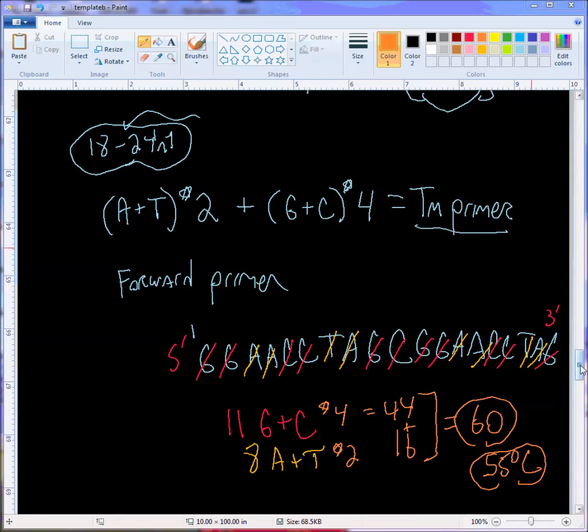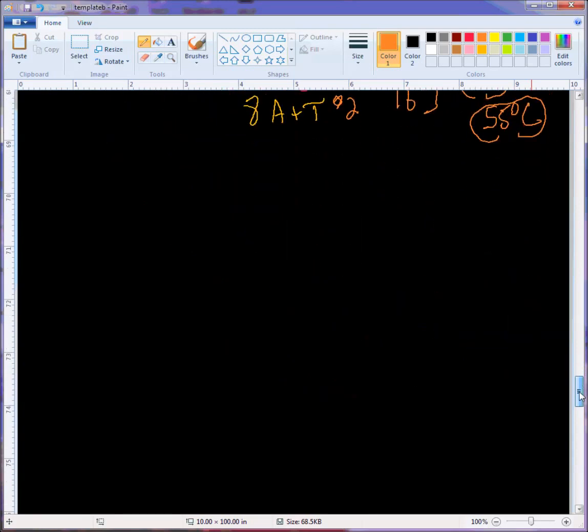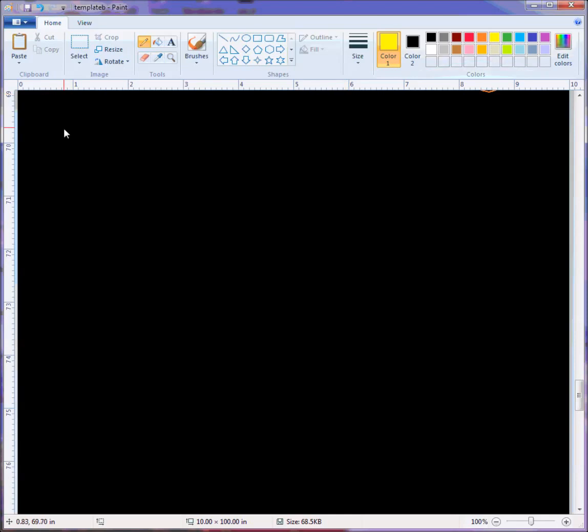Okay, so now let's talk a little bit about the DNA polymerase for PCR. There are some special things about this DNA polymerase which makes PCR possible. So one of the things you may have noticed is that we are using really warm temperatures during PCR, right? 95 degrees Celsius is near boiling, right?